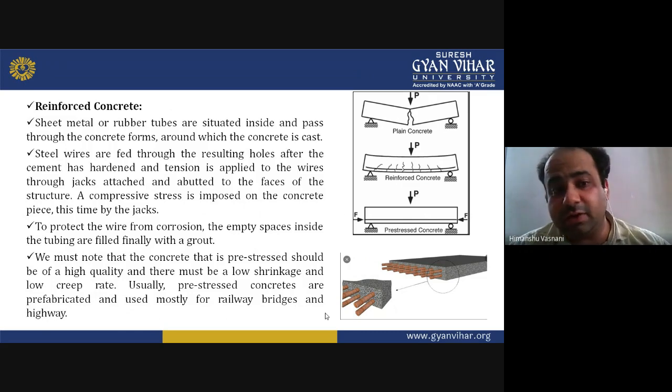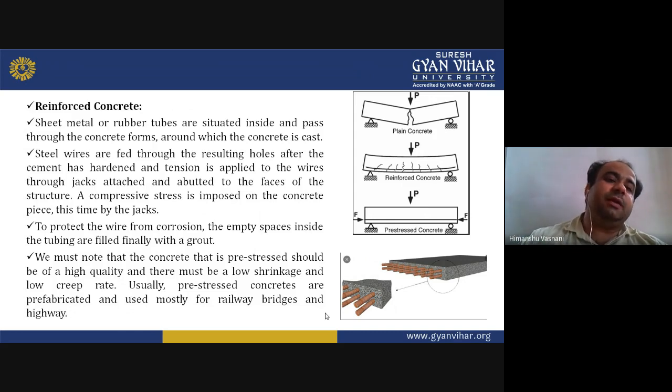Steel wires are then fed through the resulting holes after the concrete has hardened, and tension is applied to the wires through jacks attached to the faces of the structure.